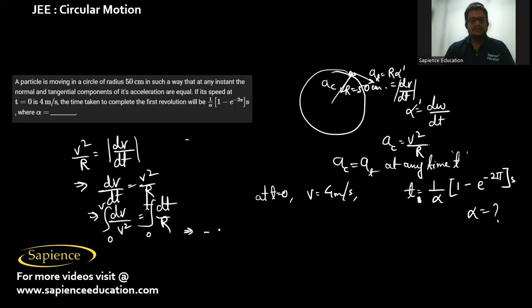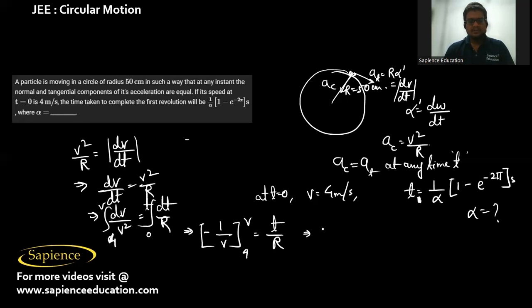So then we will get minus 1 by v, and at t equal to 0, the velocity is 4. So this will integrate from 4 to v, that is equal to t by r.